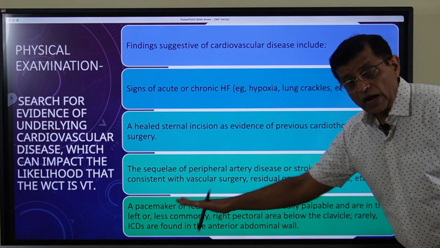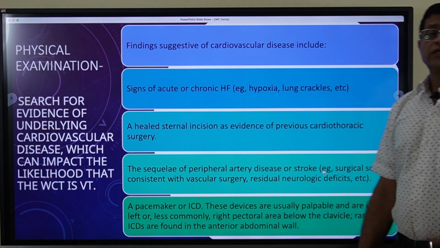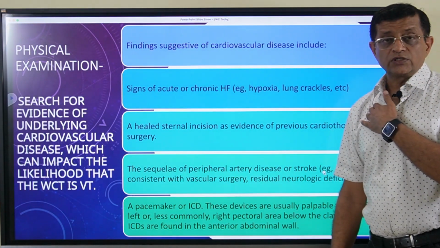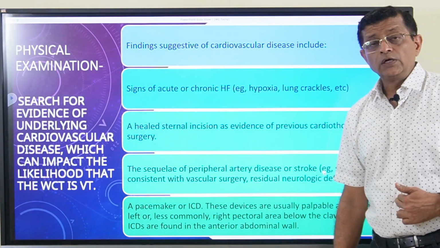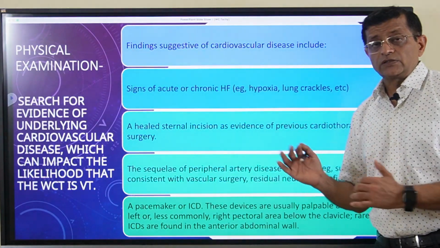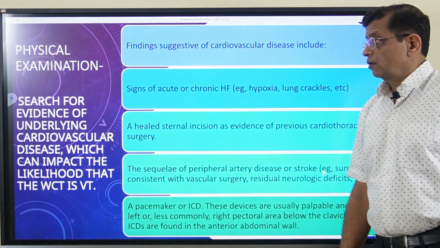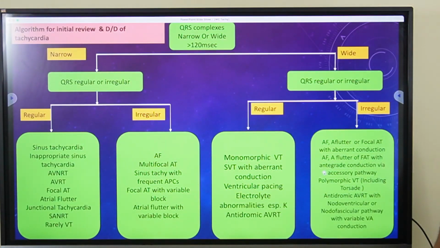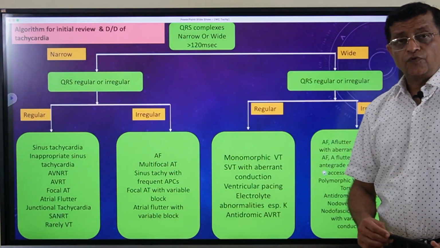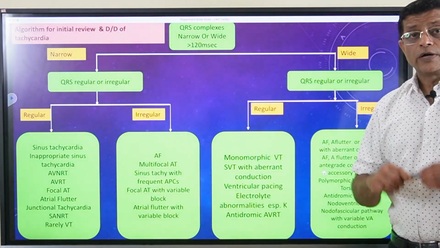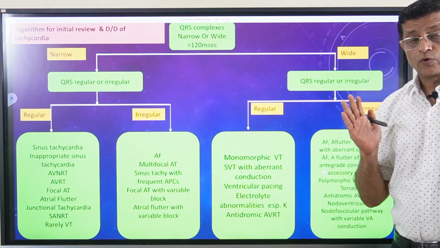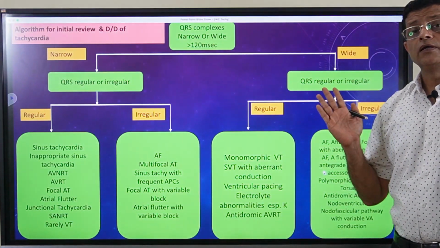And pacemaker or ICD, usually in the infraclavicular region, sometimes even in the anterior abdominal wall. So if the patient has some of these, then you could get an idea that this is more likely to be a ventricular tachycardia.